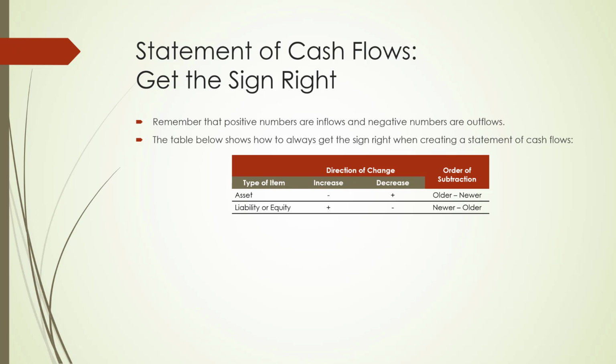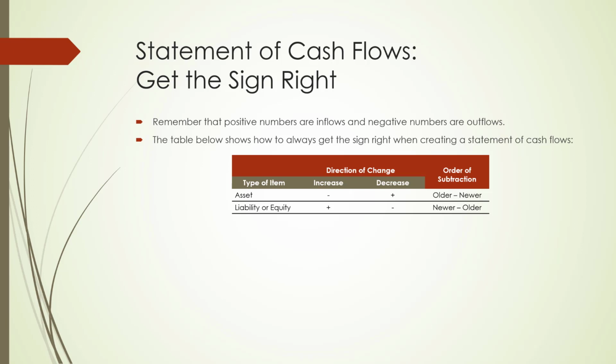If you're creating this by hand or in a spreadsheet, there's a very simple rule for getting the right sign always, and that is for assets, we take last year's number minus the most recent number. And for liabilities and equity, we take the most recent number minus last year's number. So if you do that, you'll always have the right sign.